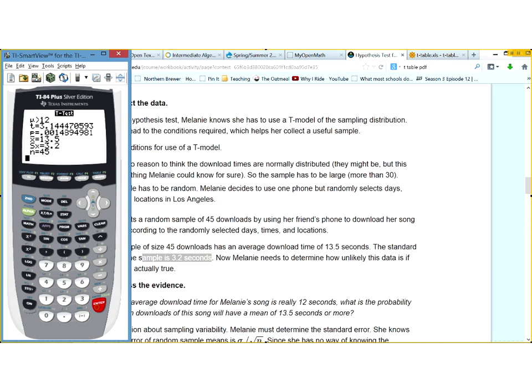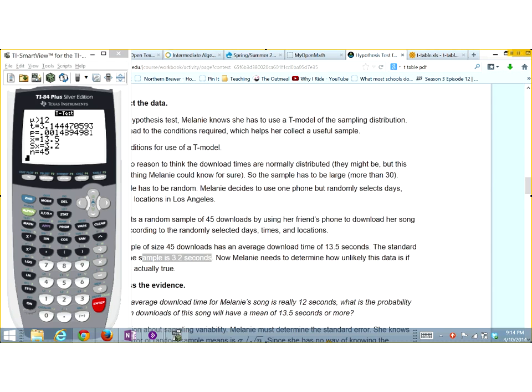And then hit calculate. The p-value there is very, very small. 13.5 seconds doesn't seem like a lot more than 12 seconds, but because of the fairly small standard deviation and decent sample size, the p-value comes out very small. The test statistic is the t, so if you're asked for the test statistic, in this case t equals 3.14.